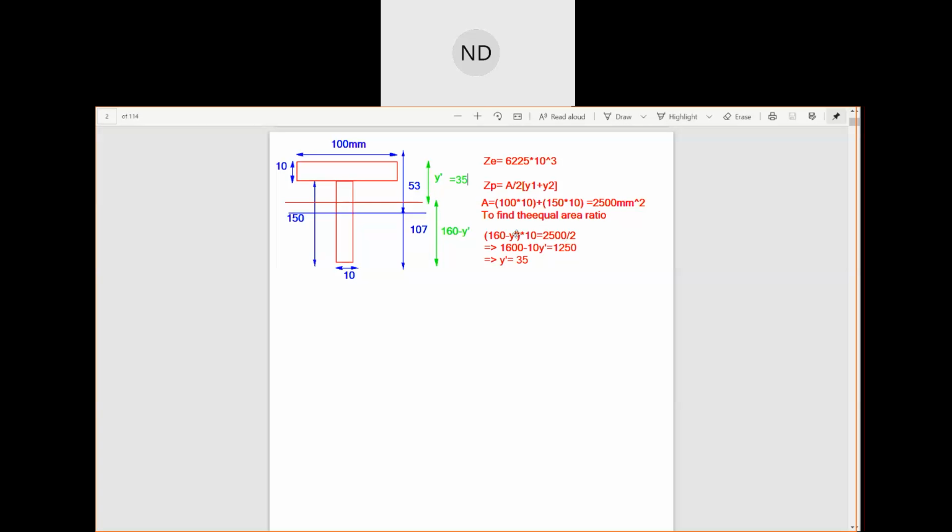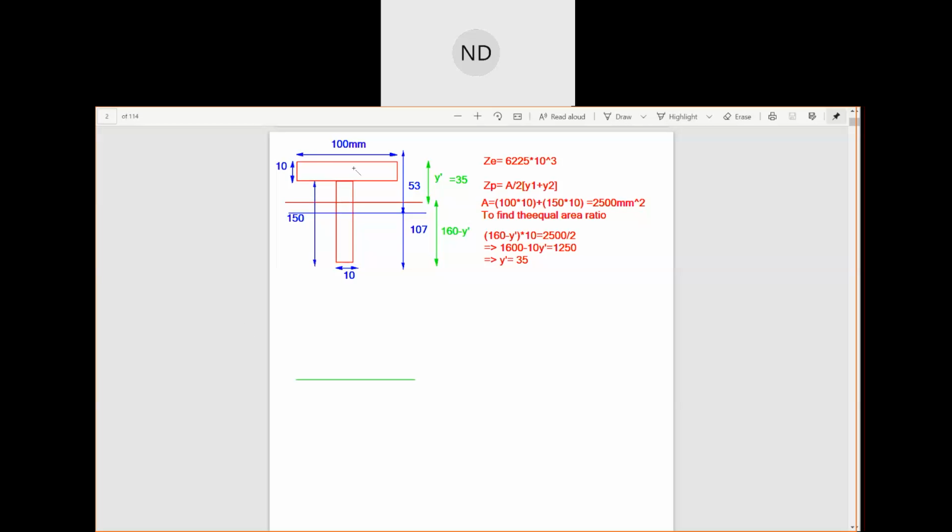Now we have to find out what y1 and y2 are. Wait, I'm showing you. Suppose this is one area.